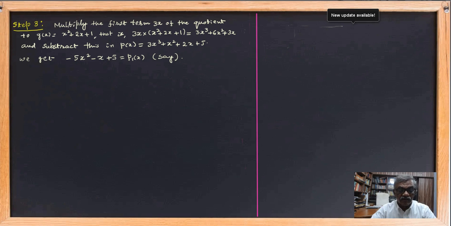to g(x), that is x square plus 2x plus 1, that is 3x cube plus 6x square plus 3x, and subtract this from p(x). I demonstrate this here.